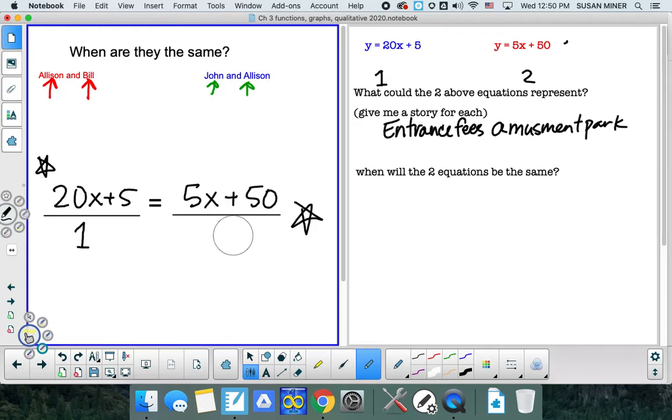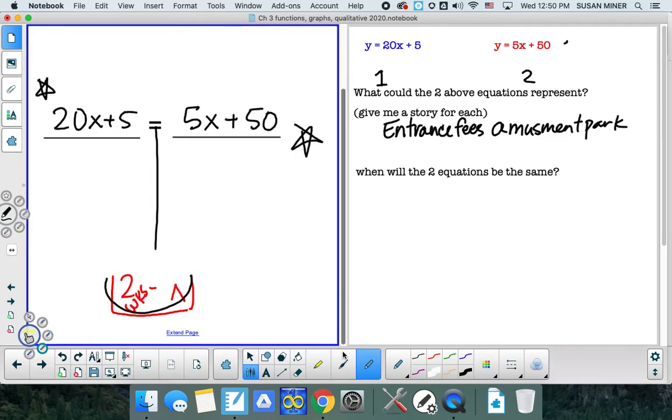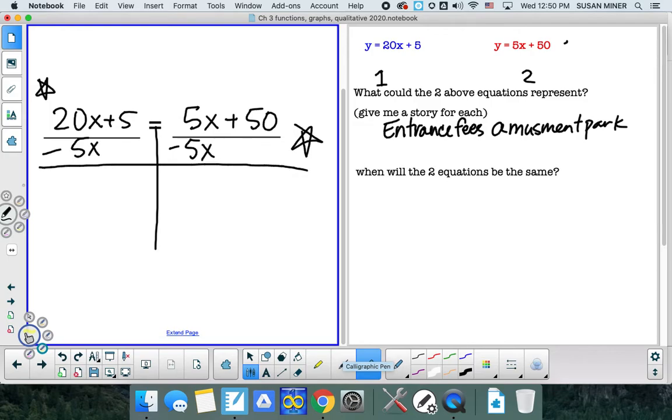And then once I have my comparison set up, I can just go ahead and solve it like I would solve any other regular equation. Okay, so I subtract my 5 x's from both sides in order to get just one x, right? I want to get rid of any extra x's that I have first. And then I do my rewrite.